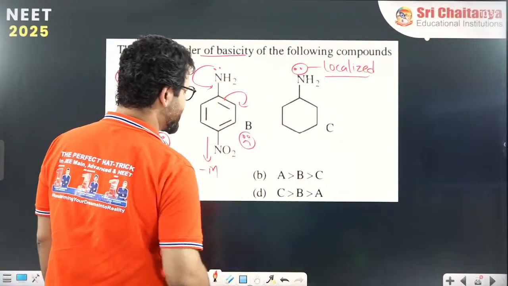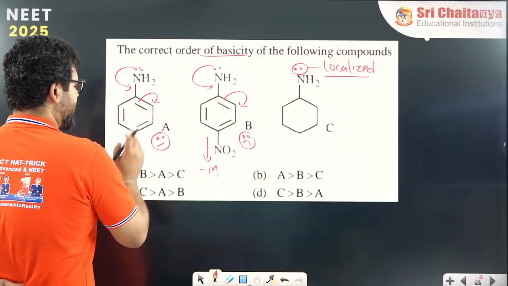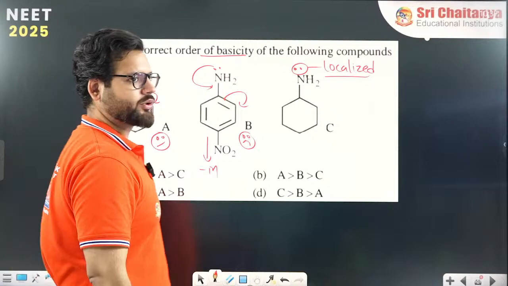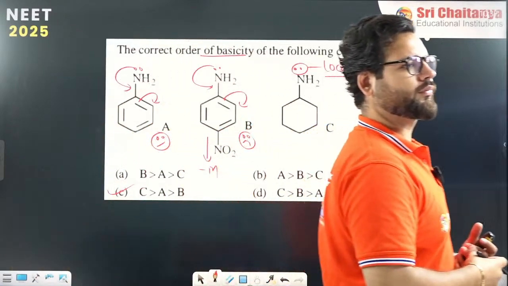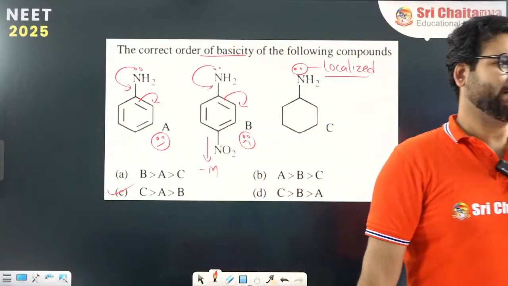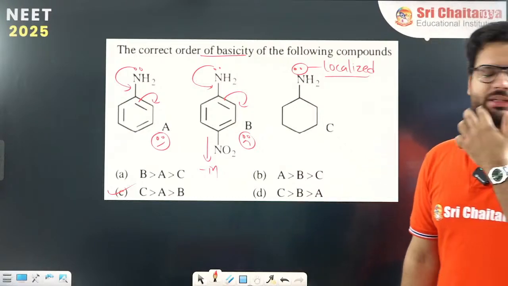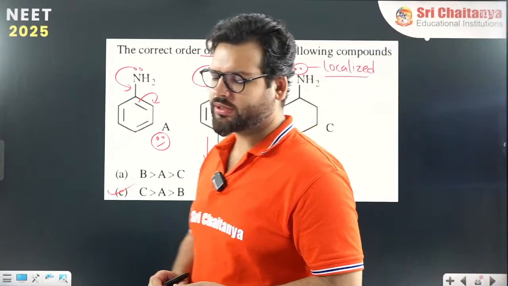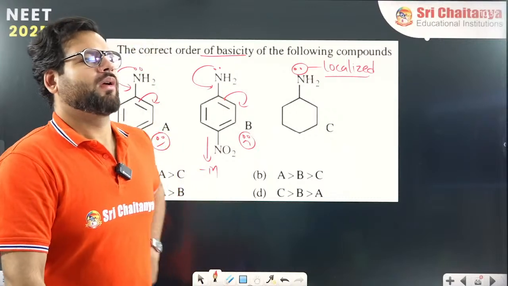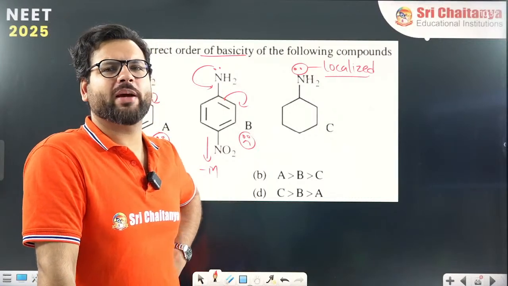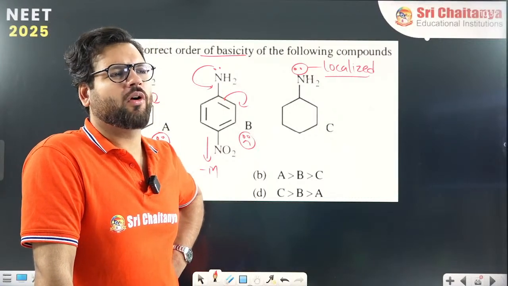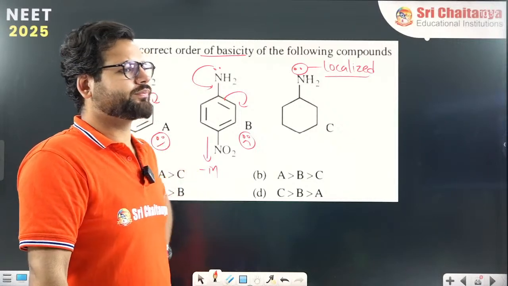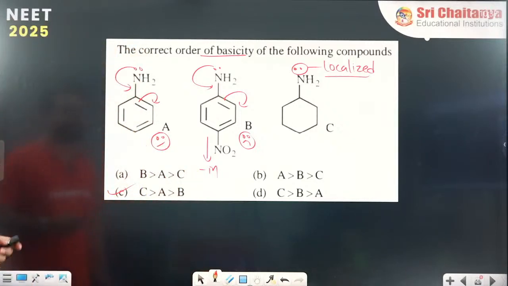So localized is always the best. C, A, B, third option. You don't have to learn all the structures. Just practice them by writing once or twice. C is the answer here.